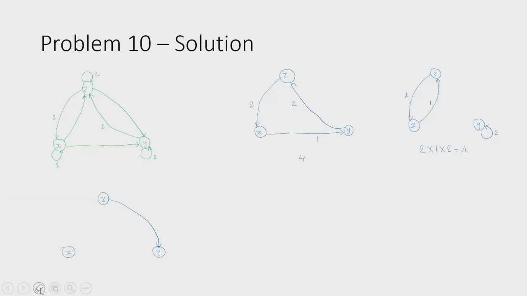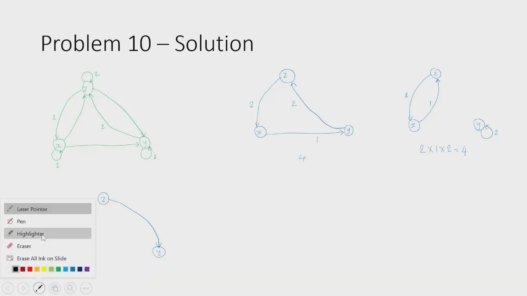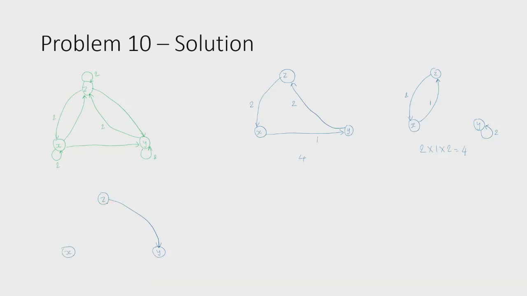What's the weight of this cycle cover? It's 1 times 2 times 2. Then this is also a valid cycle cover. So we can use just the 3 loops.